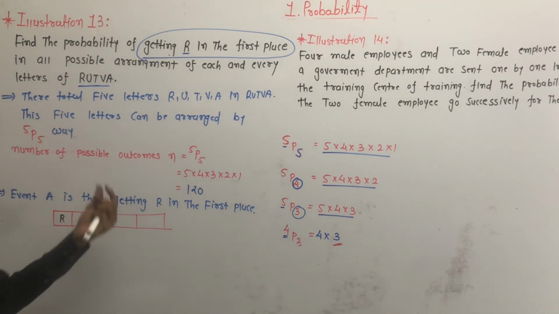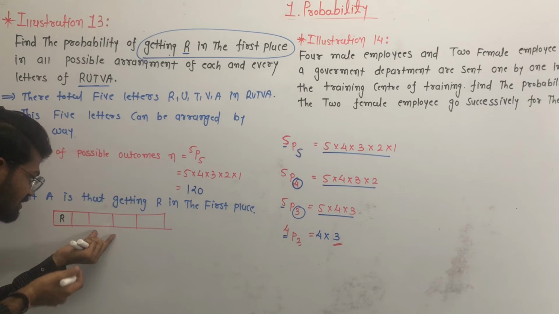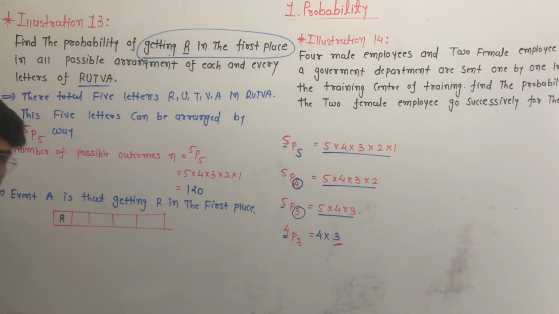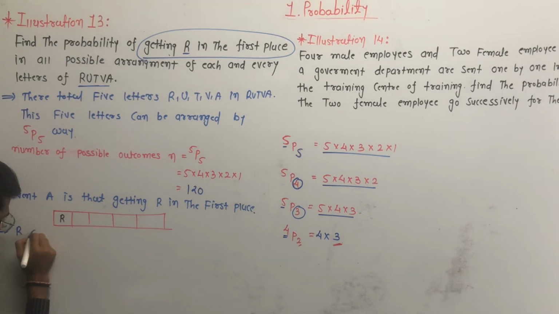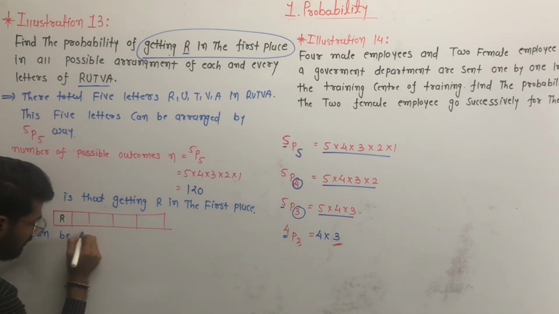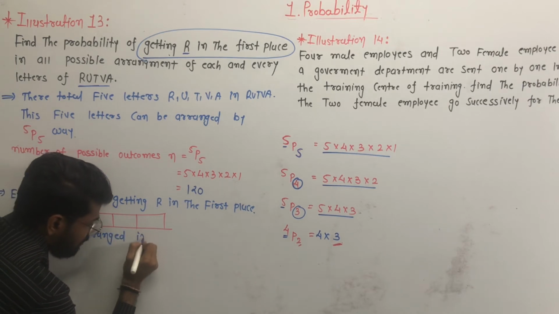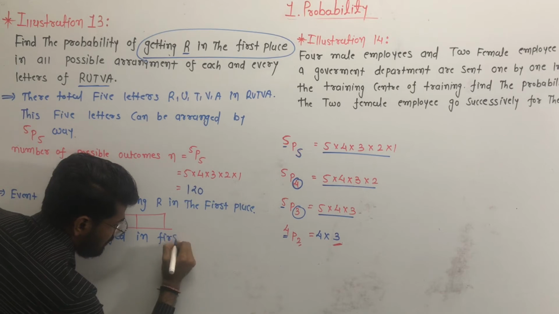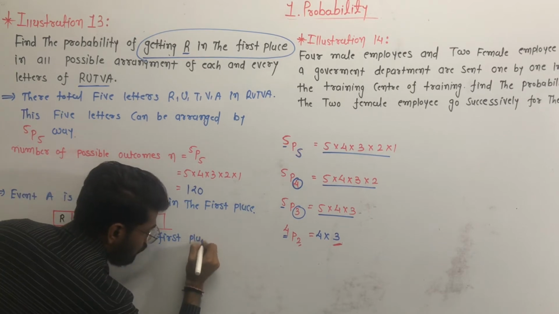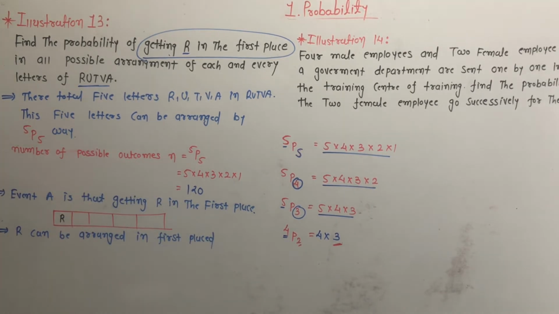These letters can be arranged in the rest of the places, the rest of 4 places, so that R can be arranged in the first place. We have to write R in the first place.